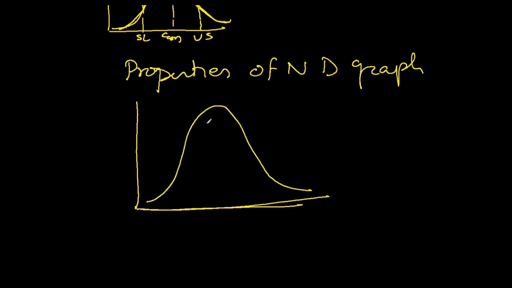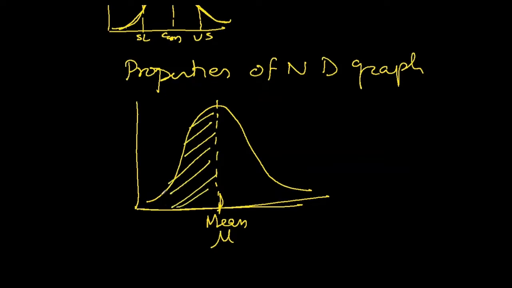It is a uniform curve from the center, and this center is nothing but the mean. We denote it by mu. This is the mean of the graph. Lower than this, that means 50% of the data is below this.